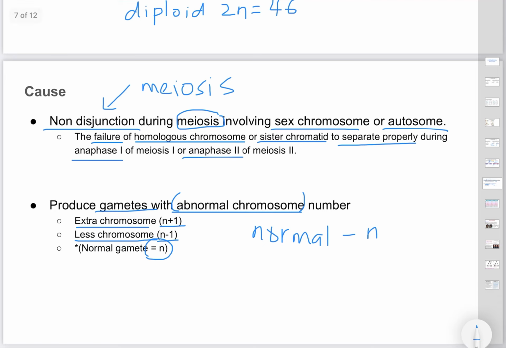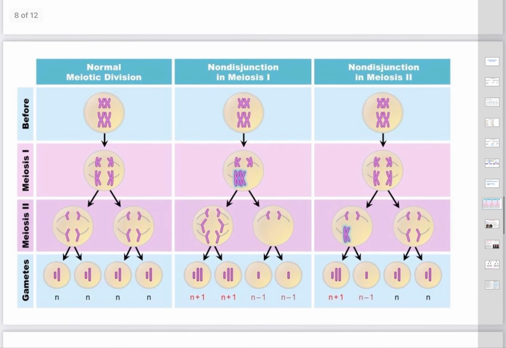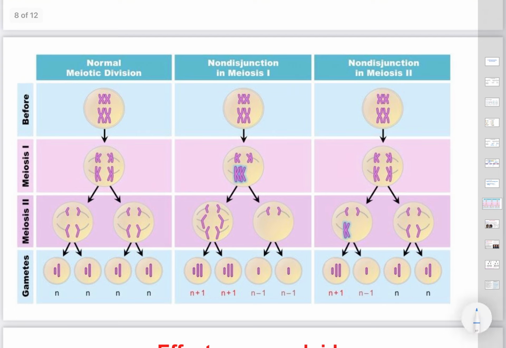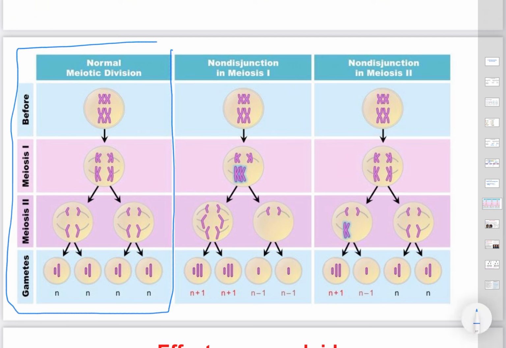So, macam mana non-disjunction ini boleh berlaku? Kita tengok dahulu keadaan normal disjunction. Kalau sister chromatid ataupun homologous chromosome tersebut berpisah dengan eloknya, kita panggil keadaan itu sebagai disjunction.